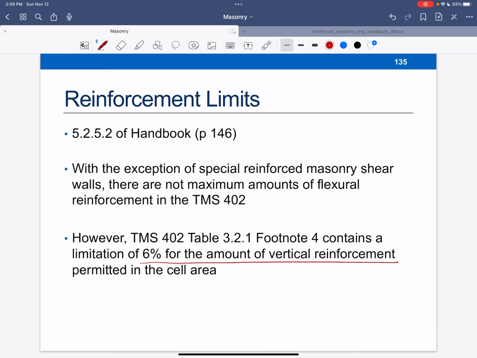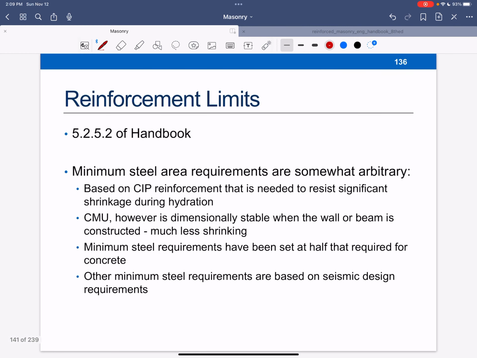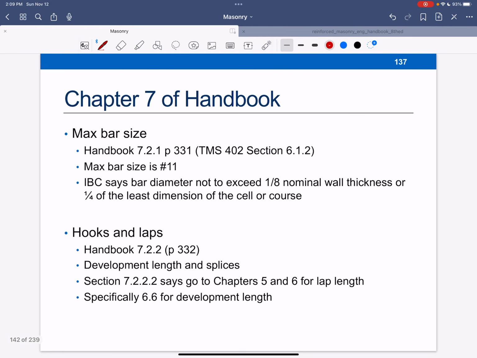But again, it's a fairly small number, and we used that as kind of our rule of thumb in the last beam example we did. Again, somewhat arbitrary. Okay, so for the minimum steel areas, you basically just need enough to resist shrinkage, but because it's so stable, there's not much shrinking, as opposed to when I do a fully concrete wall. So pretty basic stuff there.